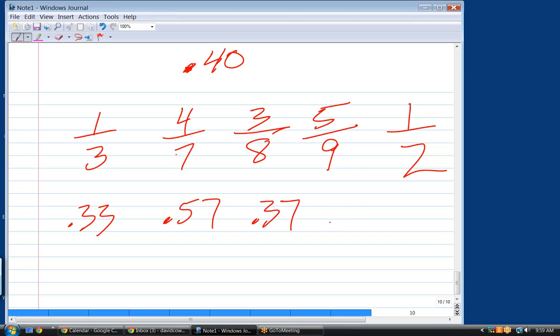What's 5/9? 0.55. And what's 1/2? 0.5. So which is the closest? The 0.33. No, the 0.37. Right, 0.37. And that's actually got a 5 after it anyway. All right, that's a good place to stop.